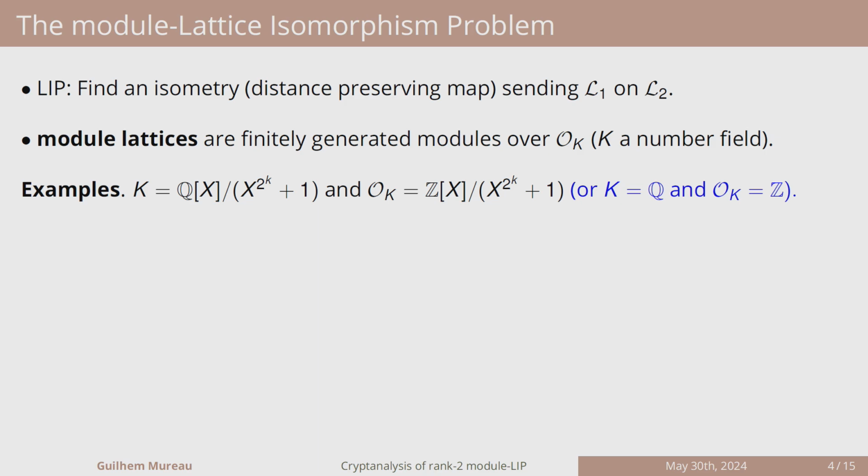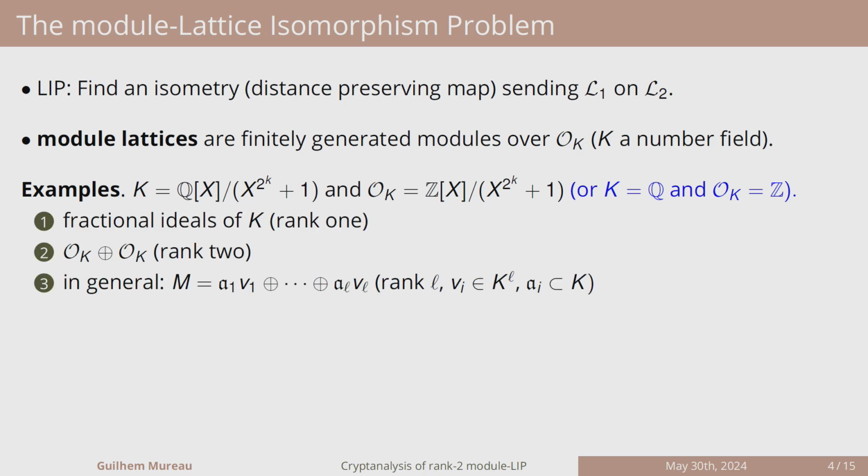If you're not comfortable with number fields, you can just take K to be the field of rational numbers, and then O_K is the ring of integers. The easiest examples of module lattices are rank 1 module lattices, which are fractional ideals. In rank 2, for example, we can take two copies of the ring of integers. This will be a really important example for the following.